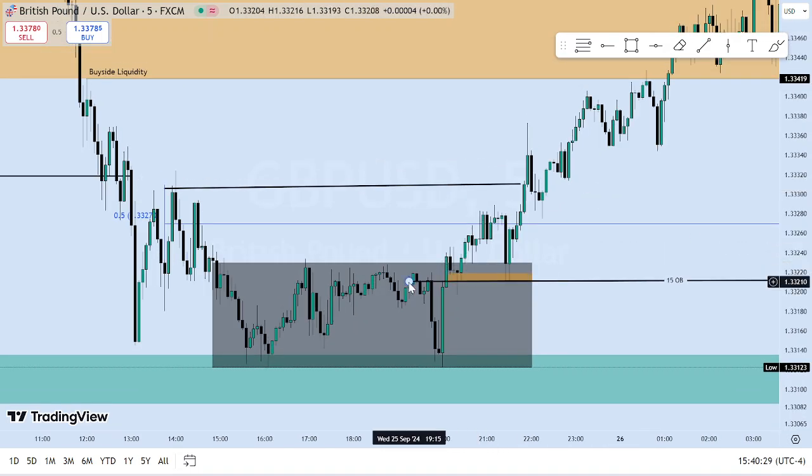Note what I said here. During a consolidation, wait for a candle to break above and close above out of the range. This is the candle that closed out of the range. Then the next candle created a fair value gap, which is these yellow bars, inefficiency.